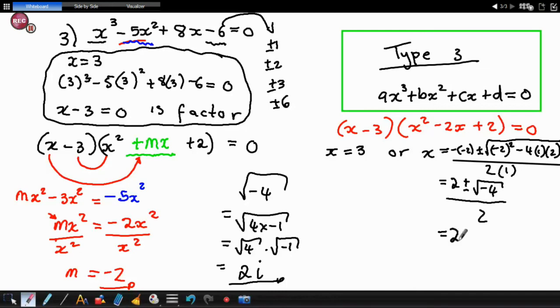So now you have 2 plus or minus 2i over 2. And we can write this, guys, in the simplest form by giving the numerator its own denominator. So 2 divided by 2 will give you 1 plus or minus, then you would have 2i divided by 2 again, which will just be i. Okay, and that's your answer, guys.